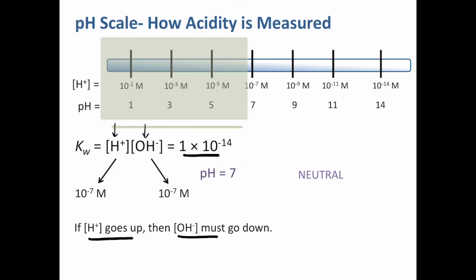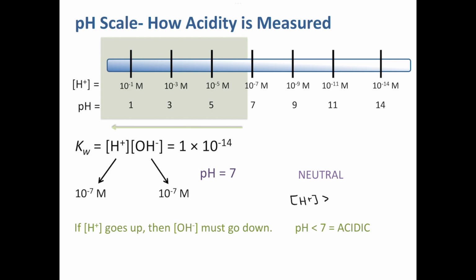And as our hydrogen ion concentration goes up, remember that means our pH value is going to go down. And so if we have a solution with a pH lower than 7, or where our hydrogen ion concentration is greater than our hydroxide ion concentration, then we have a solution that's acidic.